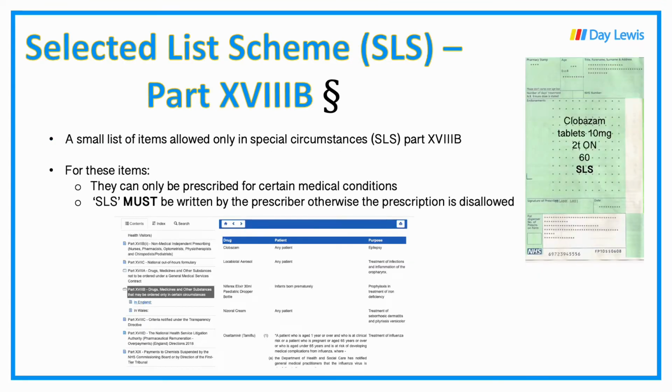Looking more specifically at the selected list scheme in Part 8B. So here, as I mentioned, it's a small number of items that are allowed to be prescribed under special circumstances. So there is a list of certain medical conditions that have been identified in the drug tariff. You can have a look at that. But what you need to remember is that the prescription must be endorsed with SLS in order for you to be able to dispense the prescription.